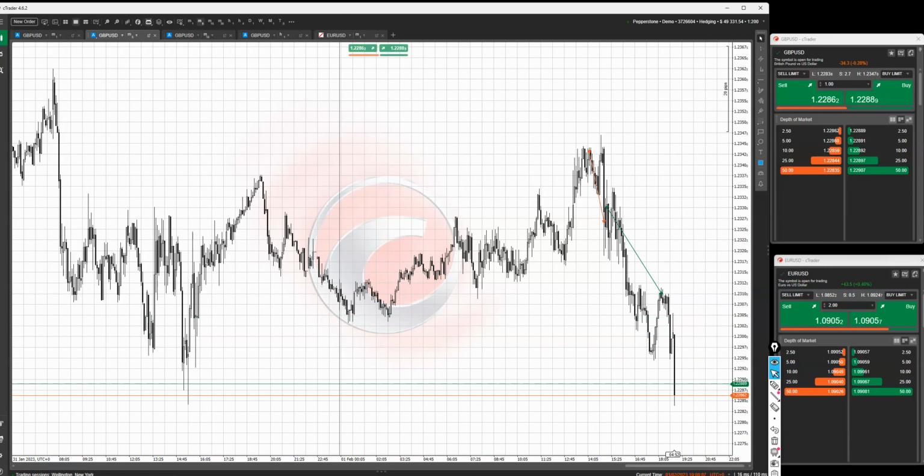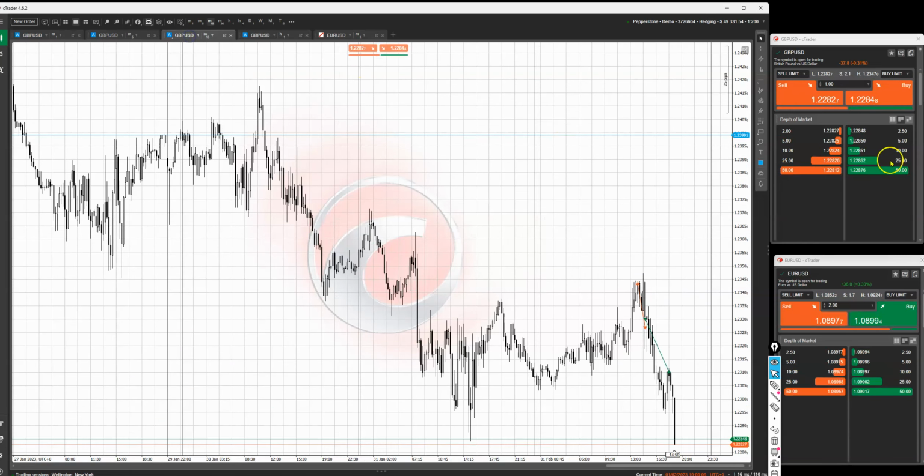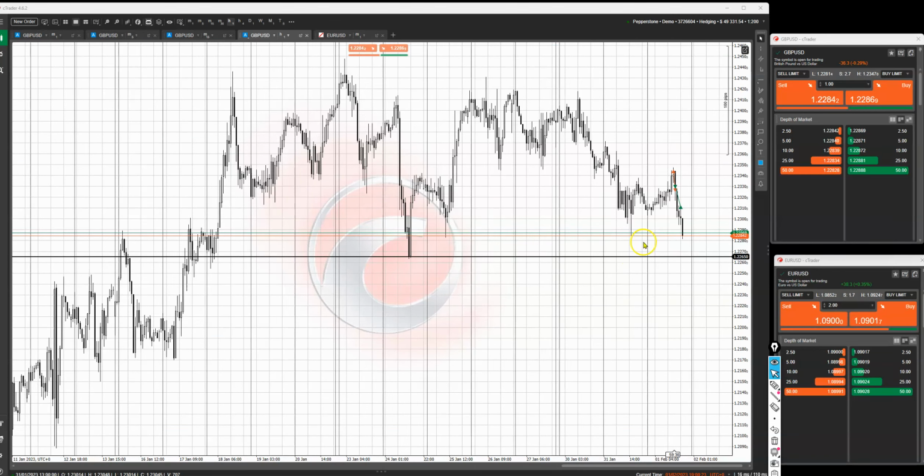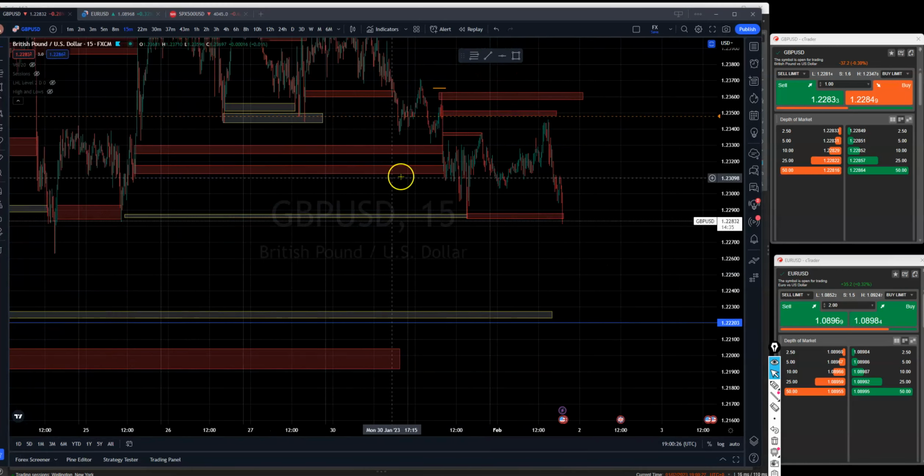The move to the downside looks like it's coming, and I'm just checking the federal funds rate, which is not updating. So let's see what about euro.